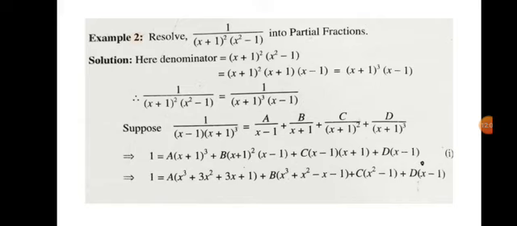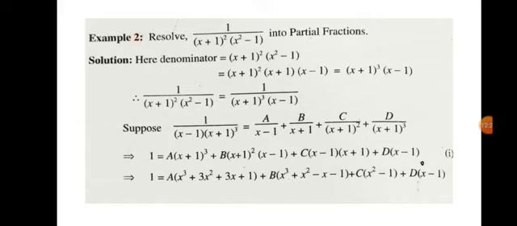Students, the second equation will be used to calculate the unknowns of linear factors, but we make another equation that will be used to compare the coefficients, that is 1 is equal to a and so on.